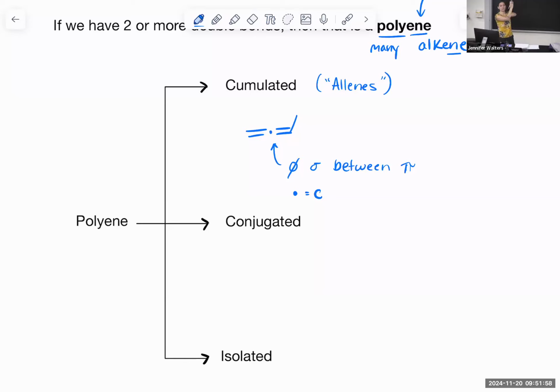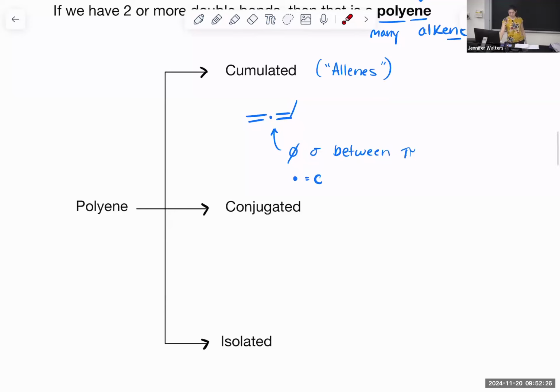There's no resonance here. Those pi bonds are perpendicular to each other, and so that is going to give it that rigidity of like 4 quadrants to be able to be chiral. So there's no resonance because these p orbitals are like this. That central atom is sp hybridized. These are linear. So cumulated is when you have 0 sigma bonds between your pi.